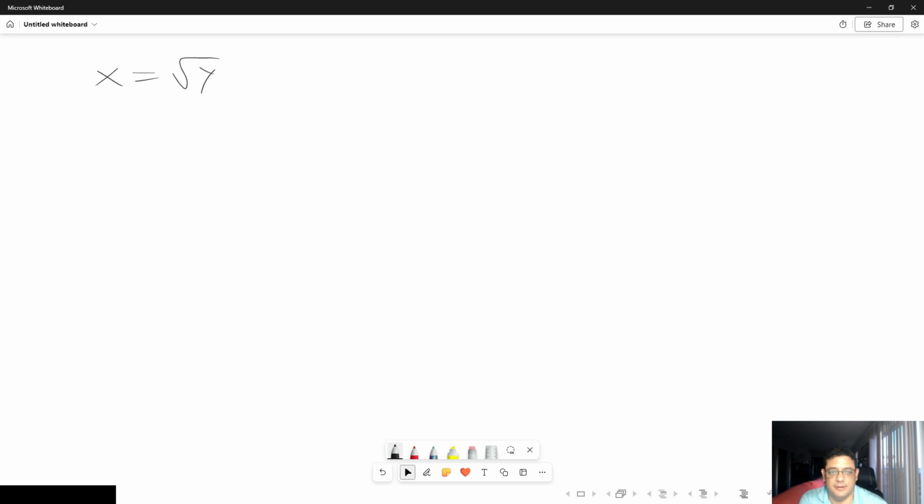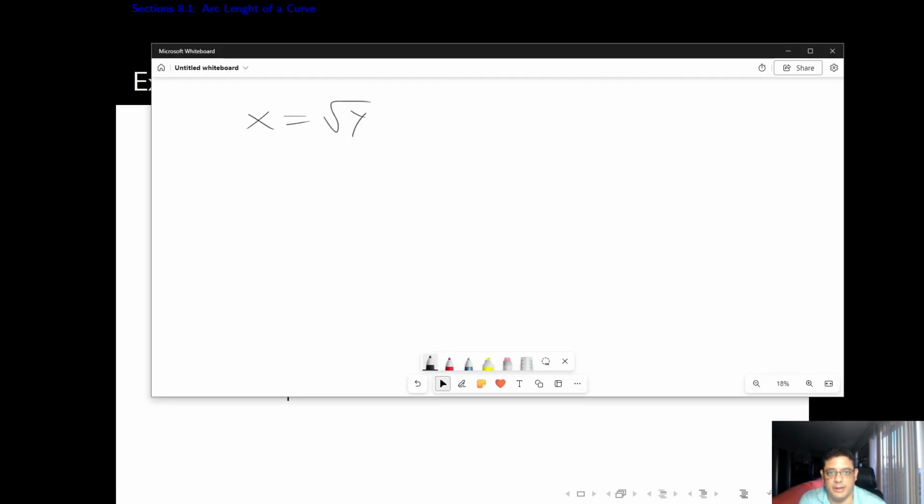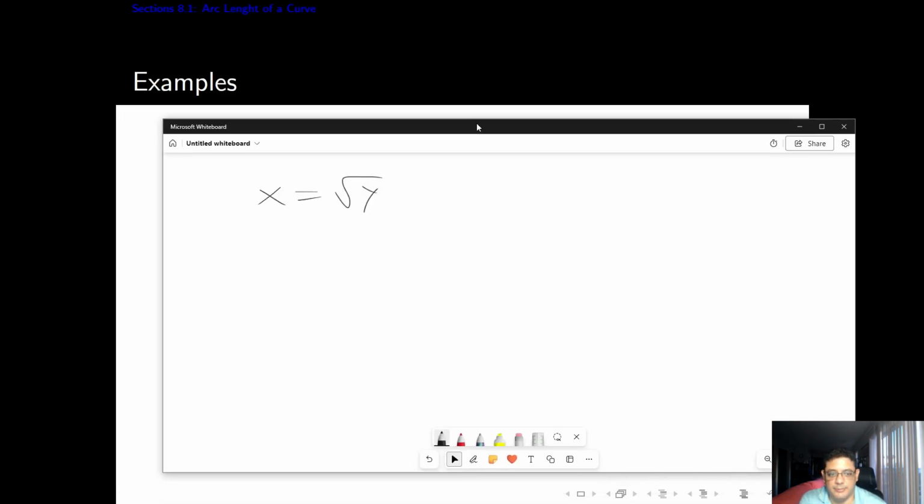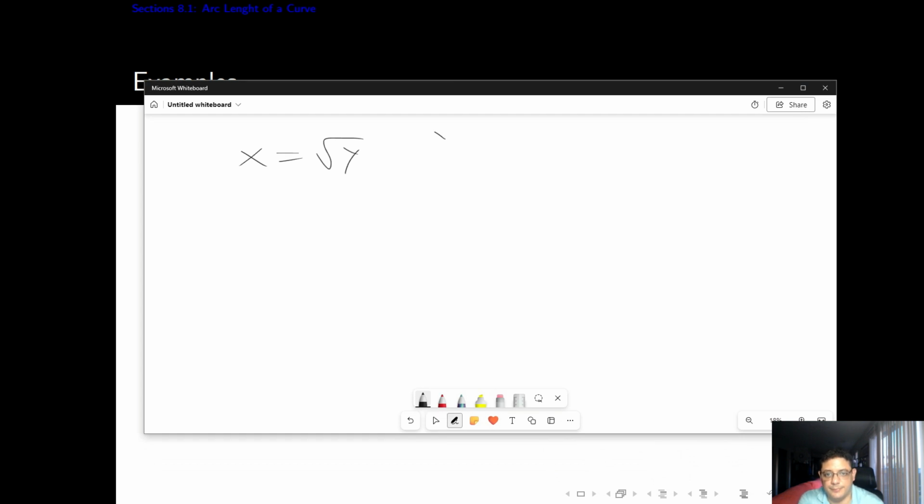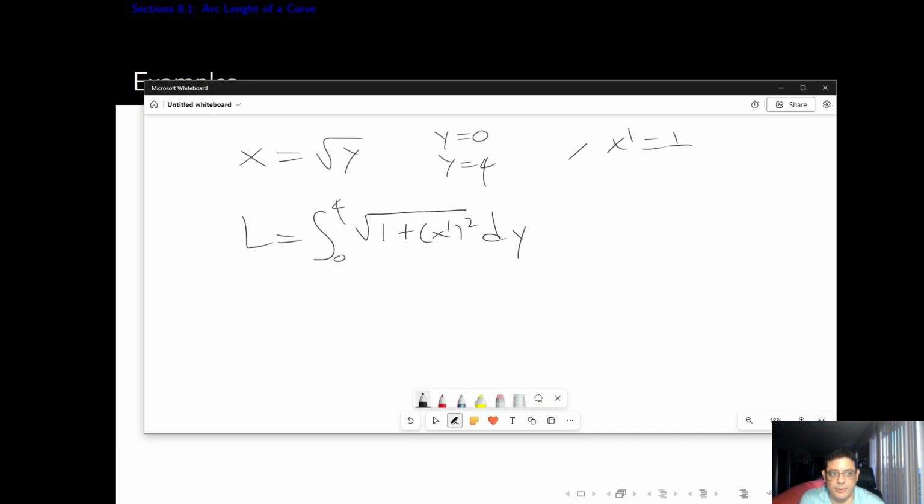So if x is the square root of y between 0 and 4, then the arc length is just going to be the integral between 0 and 4 of the square root of 1 plus x prime squared, dy. That's the only transformation that the formula has.